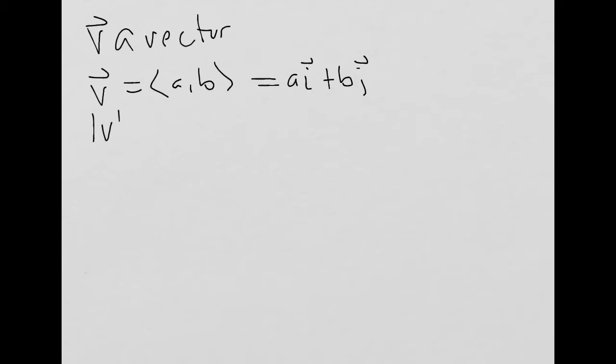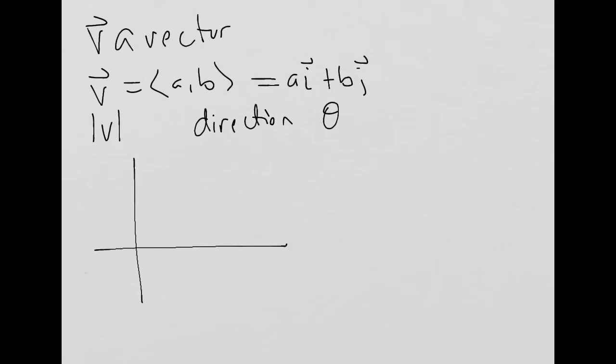We had the magnitude v, and we could have the direction theta. So again, the geometry looks like this: length v, direction theta. If we set it with an initial point at the origin, we have a terminal point, a, b.